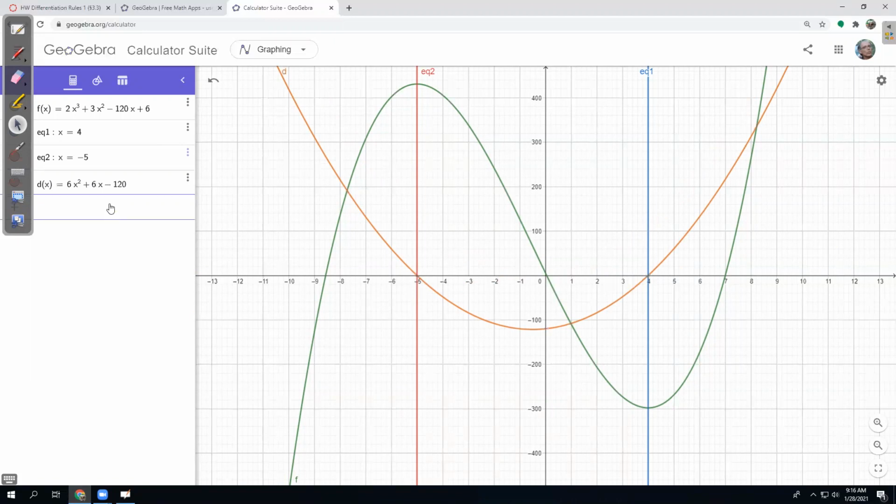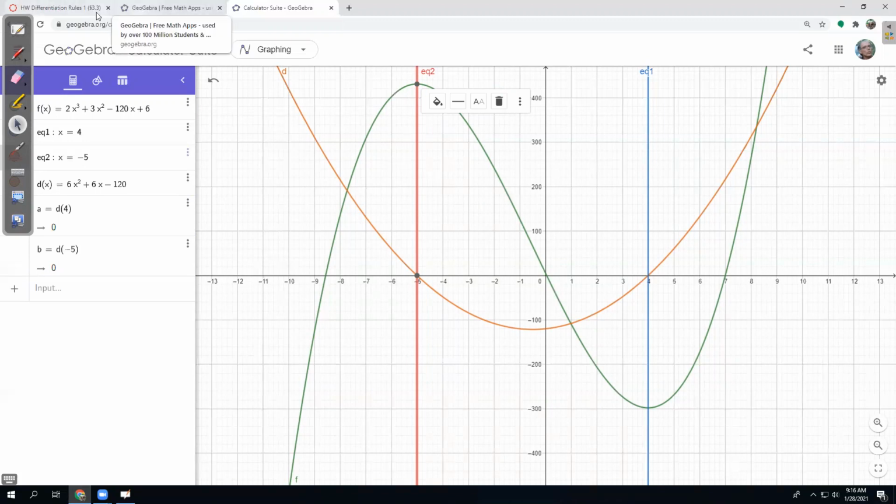Just to double check, I can ask, what is the derivative at x equals 4? And GeoGebra says, yeah, it's 0. And what is the derivative when x equals negative 5? It's 0 there also. So I found the two places where horizontal tangents exist. Nice.